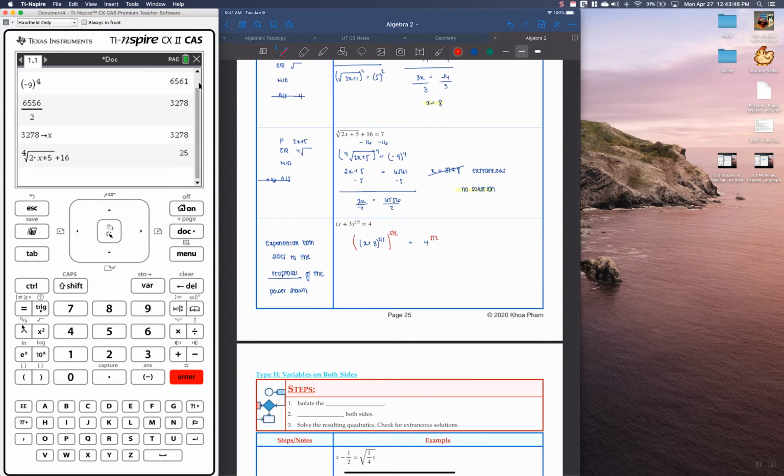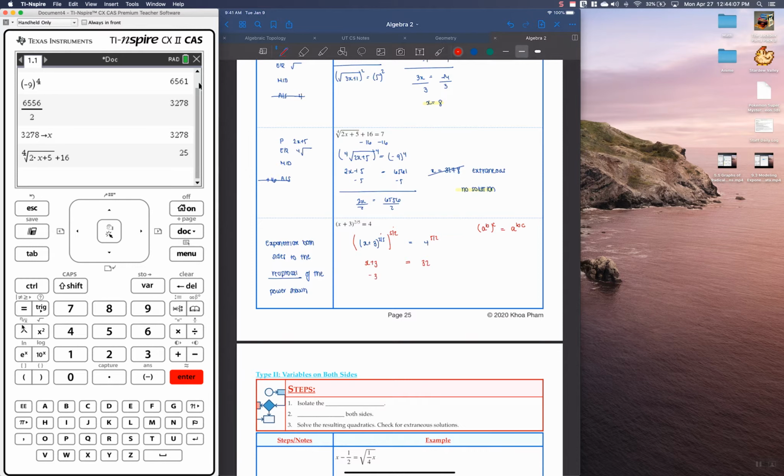The reason being is that remember there's a property that says a to the b to the c: you multiply those two powers. And so when you multiply a fraction and its reciprocal, you always get 1. And so this leaves us with x plus 3 equals, and this one happens to be 32.